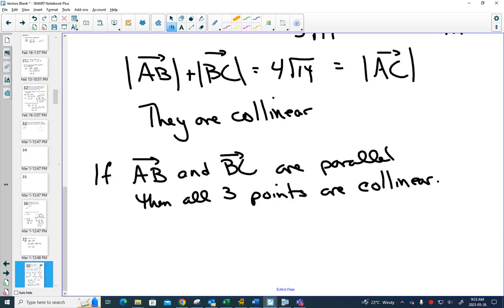They'd have to go in the same direction, but one could be longer than the other one. That would be okay. So my question is, for example, is B to C equal to some constant times A to B? If it is, then we know that they're parallel.